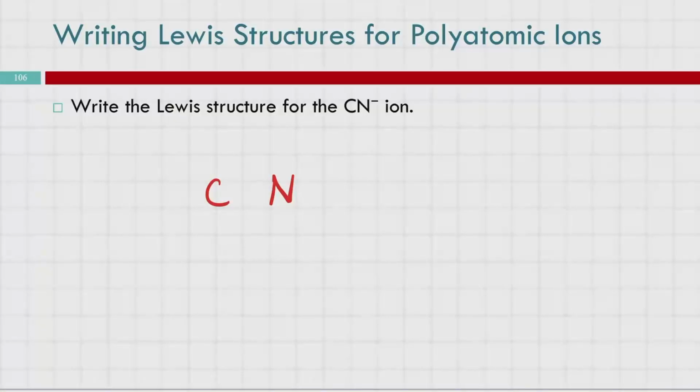We need to count up our valence electrons. Carbon, we've got one of them, 4 electrons. Nitrogen has 5 valence electrons. We've just got one of them. And what else? It's negatively charged.